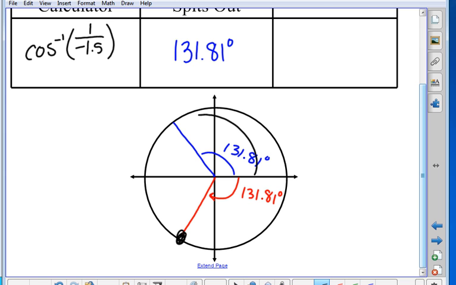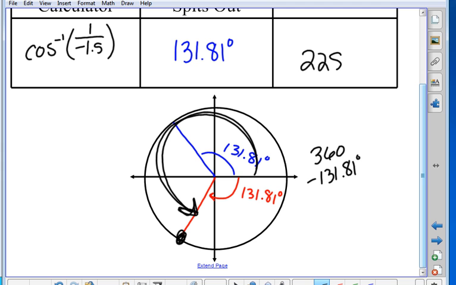So I need to know this distance right here. And notice that red 131.81 degrees is attached to the 360 line. So that means it's 131.81 degrees shy of 360. So I will go 360 minus 131.81, and that will give me 228.19 degrees.